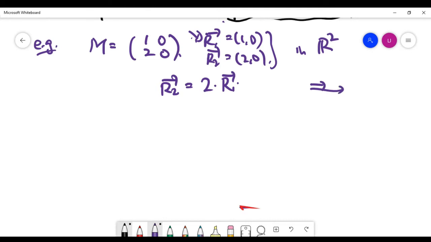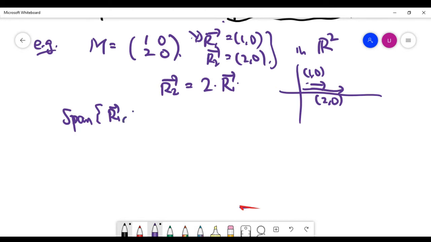It means they are in the same direction along the x-axis, if you look at the xy plane. And it means there's no chance the two given vectors span R2, because we usually need two vectors of different directions to span the xy plane.